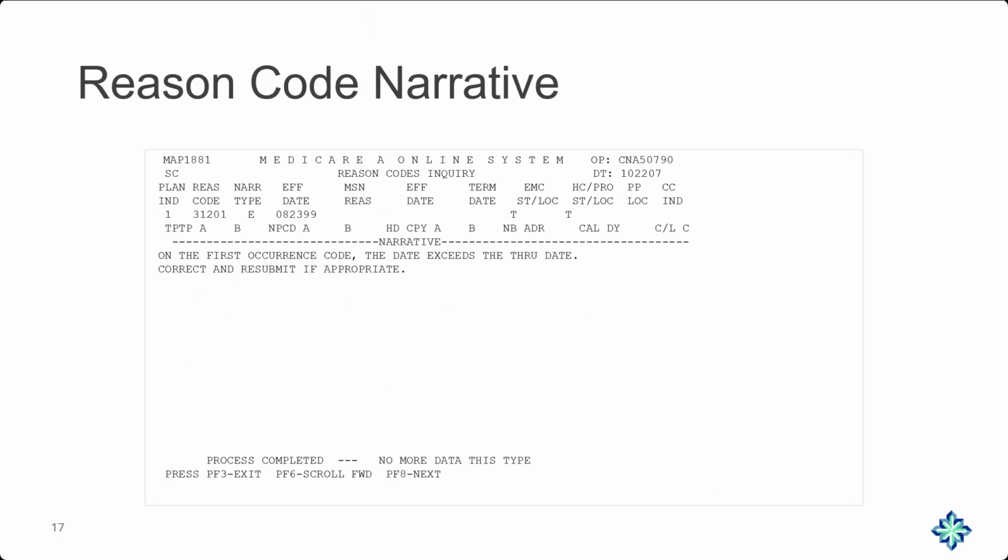So once I'm on this reason code description page, we could also go up to the reason code field right here, put our cursor there and type 32402 and hit enter. And that's another way that you can get the description of a second or subsequent reason code.